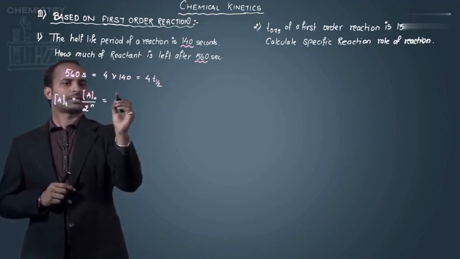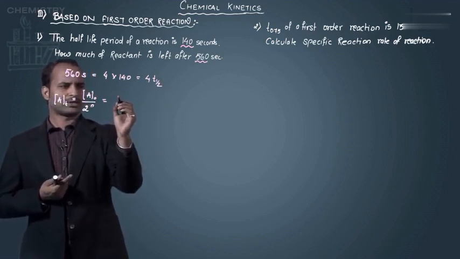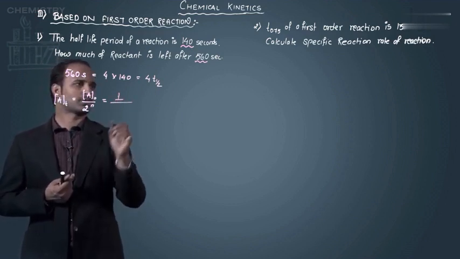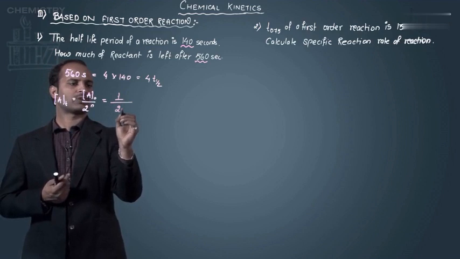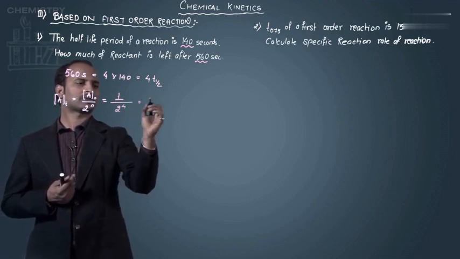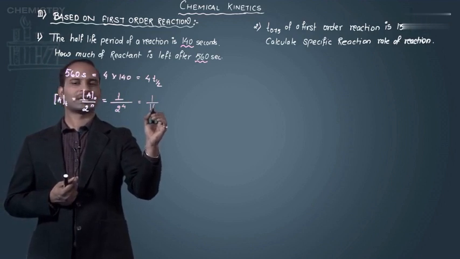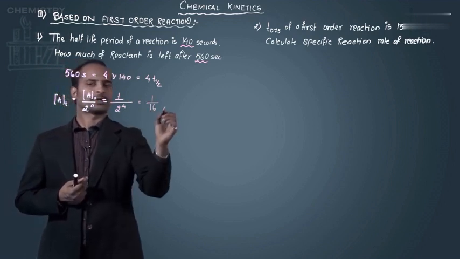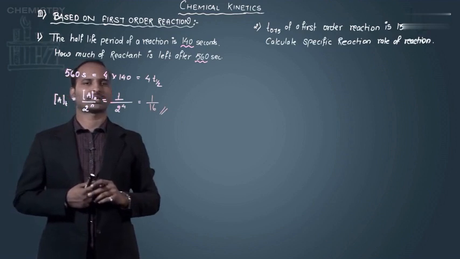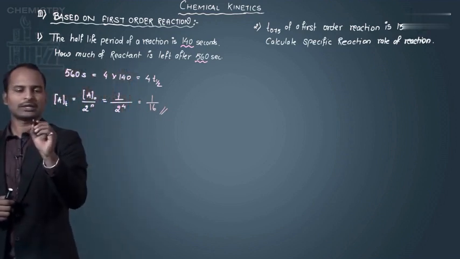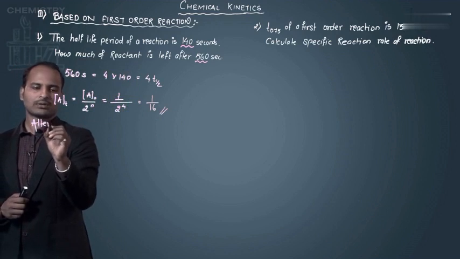Now A0 is not given, so consider it as 1, so 1 upon 2 raised to n. 2 raised to n means 2 raised to the number of half-lives. So the number of half-lives is how much? 4. So 1 upon 2 raised to 4 is 1 upon 16. So this is the answer: after 4 half-lives, 1 upon 16 of the reactant will be left.